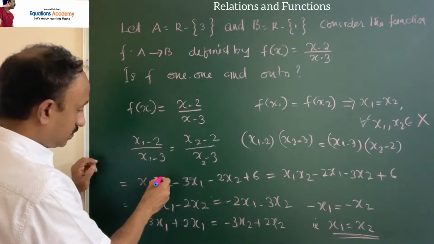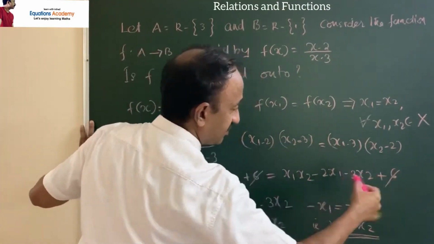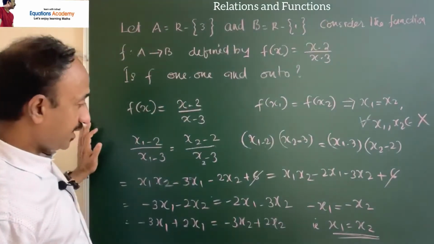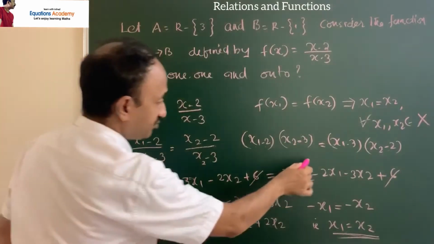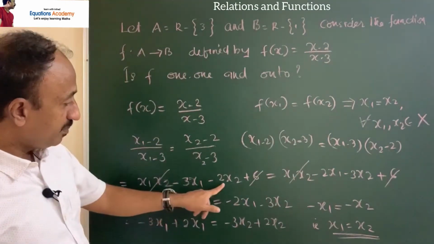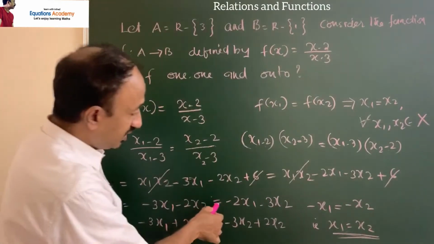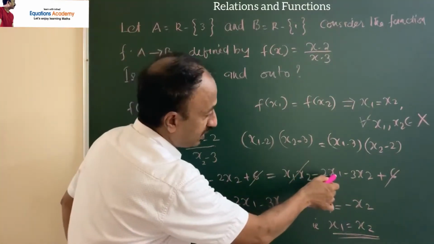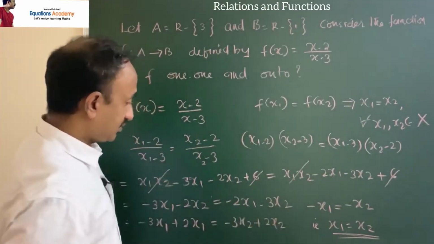Now the 6 here cancelled. Then x1x2 here, x1x2 here. So what is the remaining? Minus 3x1 minus 2x2 is equal to minus 2x1 minus 3x2.